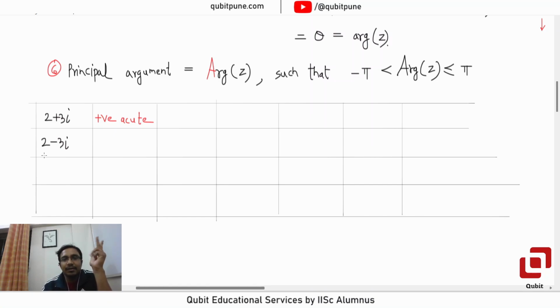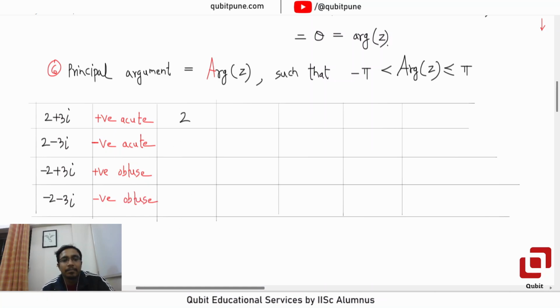First quadrant, second, third, or fourth? Fourth quadrant. So negative acute. Got it? Okay. Negative 2 plus 3i: second quadrant. So positive obtuse. Right? And negative 2 minus 3i: negative obtuse. Correct.